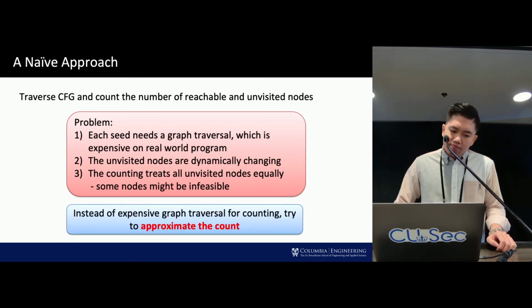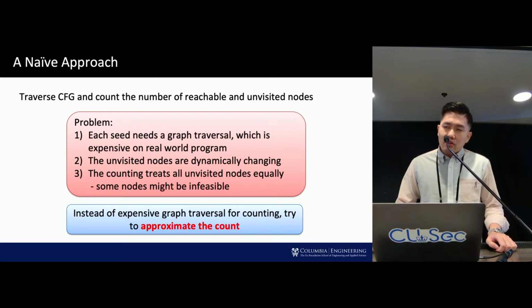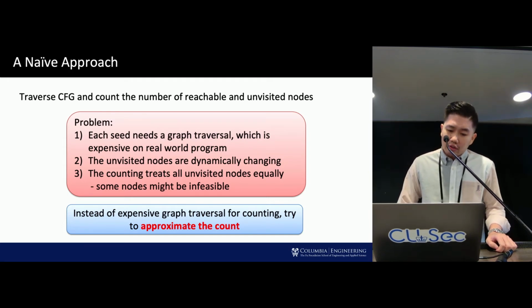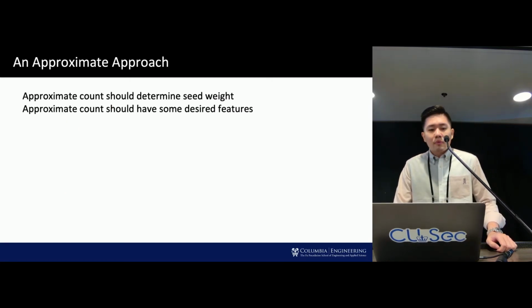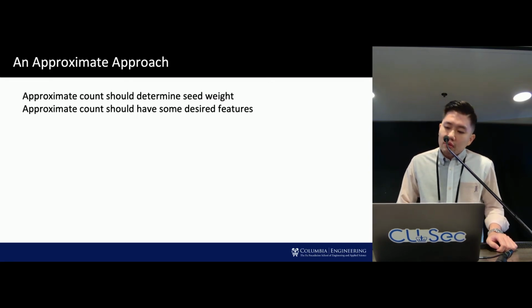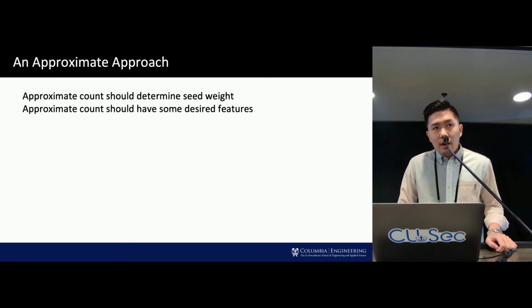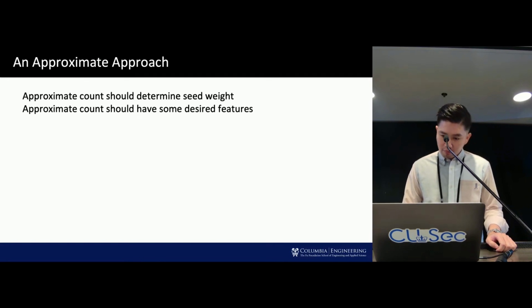Then, instead of this expensive graph traversal and counting, maybe we could try to approximate the count. An approximate approach. The approximate count should determine seed weight. Moreover, we would like the approximate count to have some desired features that are suitable to seed scheduling. We show these desired features as follows.